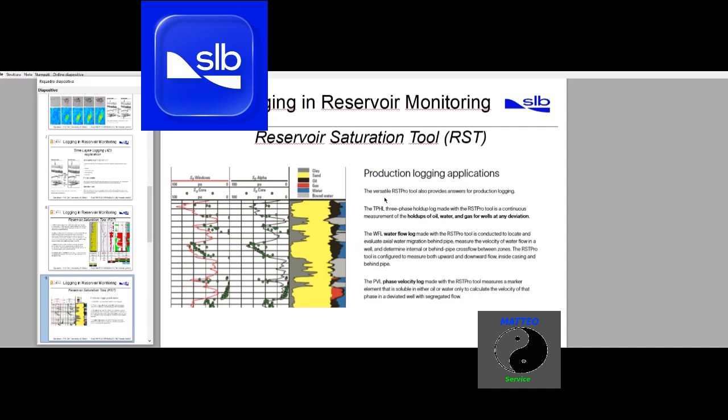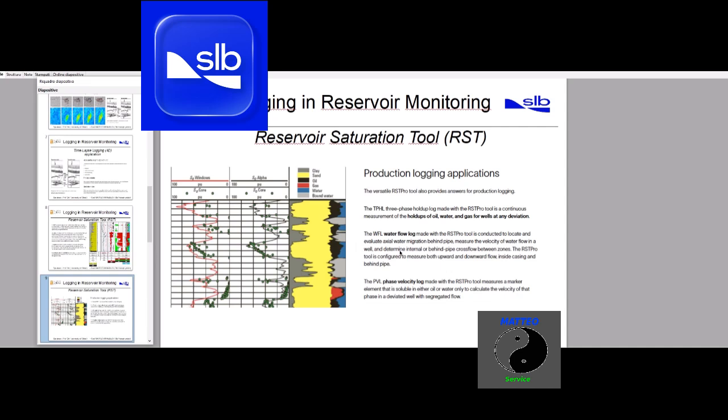The PLV, phase log velocity, made by these tools measures elements that are solvable only to calculate the velocity of that phase in deviated wells. It is an application not just for vertical wells, but for deviated wells.